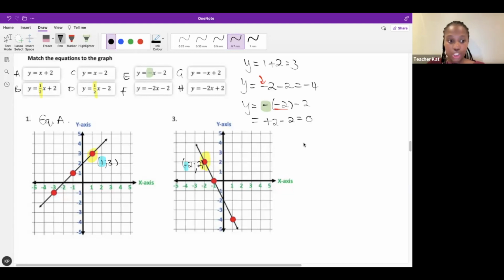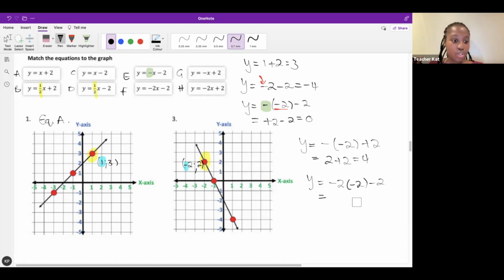Next, G, y equals -2 plus 2. This will give me 2 plus 2, which is 4. Is that correct? Senyani already found my correct one. Okay. Says F is correct. This will be y equals -2x minus 2.